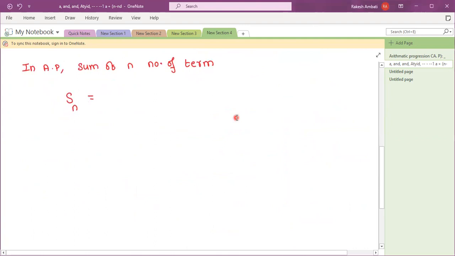That means a plus (a plus d) plus (a plus 2d) plus (a plus 3d) plus and so on, plus a plus (n minus 1) into d.